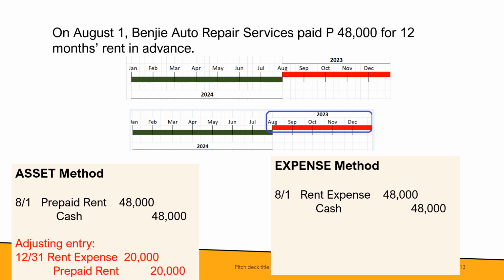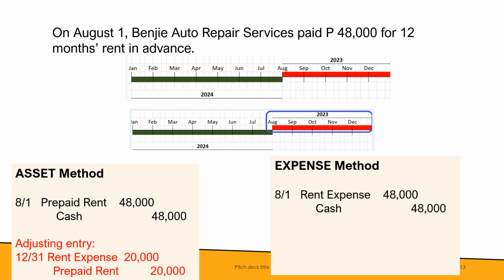Why is that so? Since the entity used prepaid rent of 48,000, this asset account was overstated. So how much should be deducted from this 48,000 in order to arrive at the correct prepaid rent at the end of December 31, 2023? That prepaid rent should reflect the 7 months unexpired portion. And how much is the 7 months of 48,000?